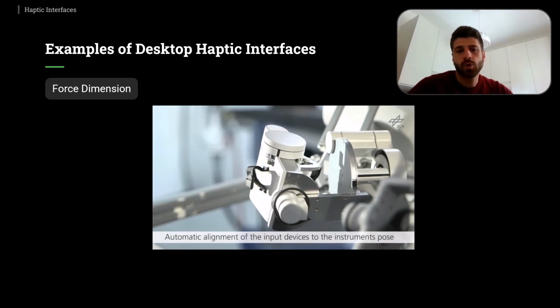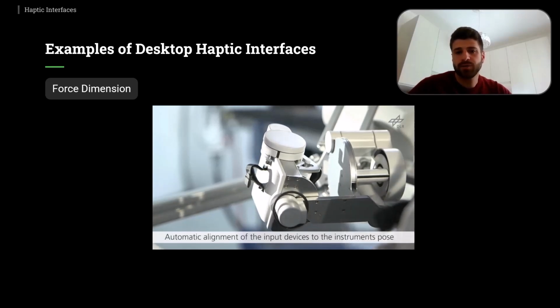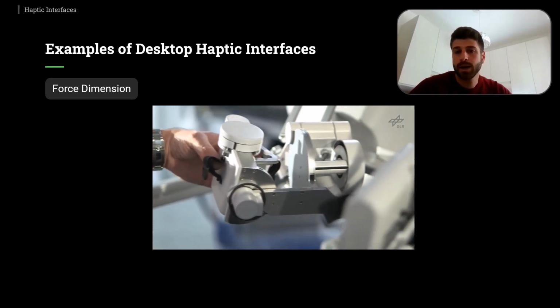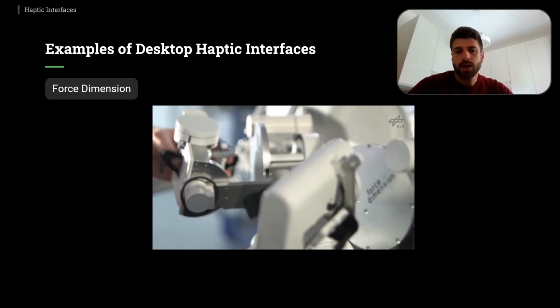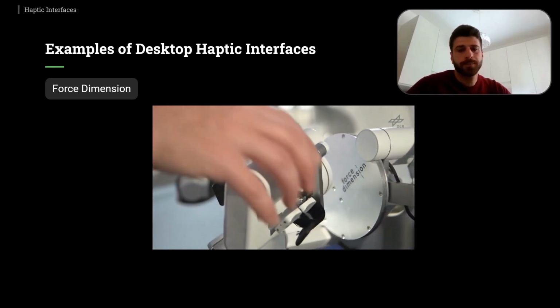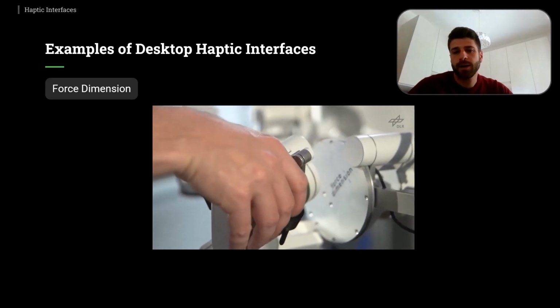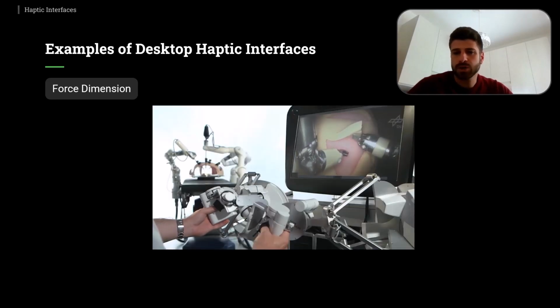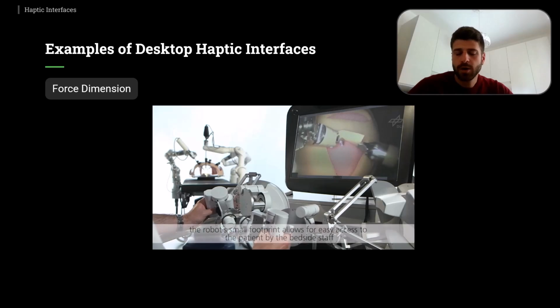This video shows an application of this kind of interface, which is really accurate, and so it is perfectly suitable for a medical application. For instance, here it is applied to surgery.